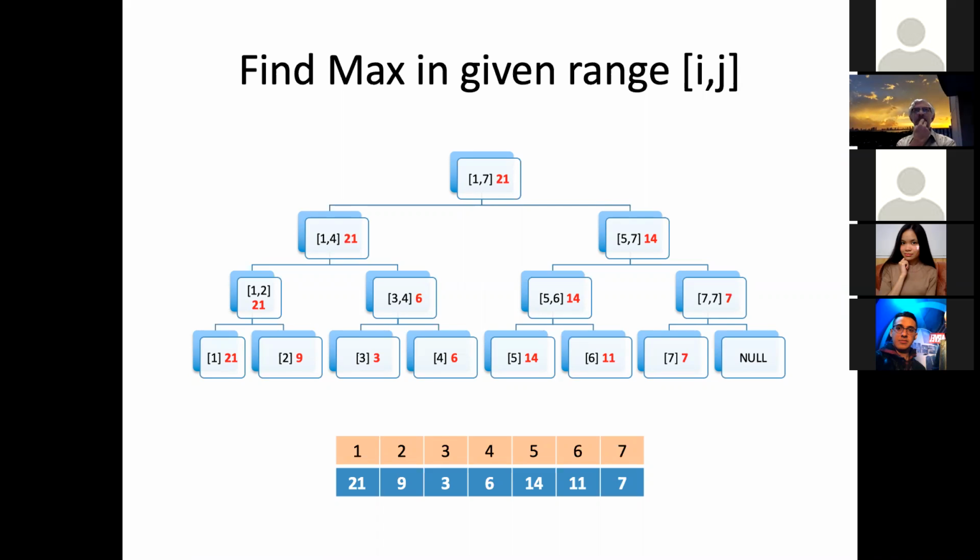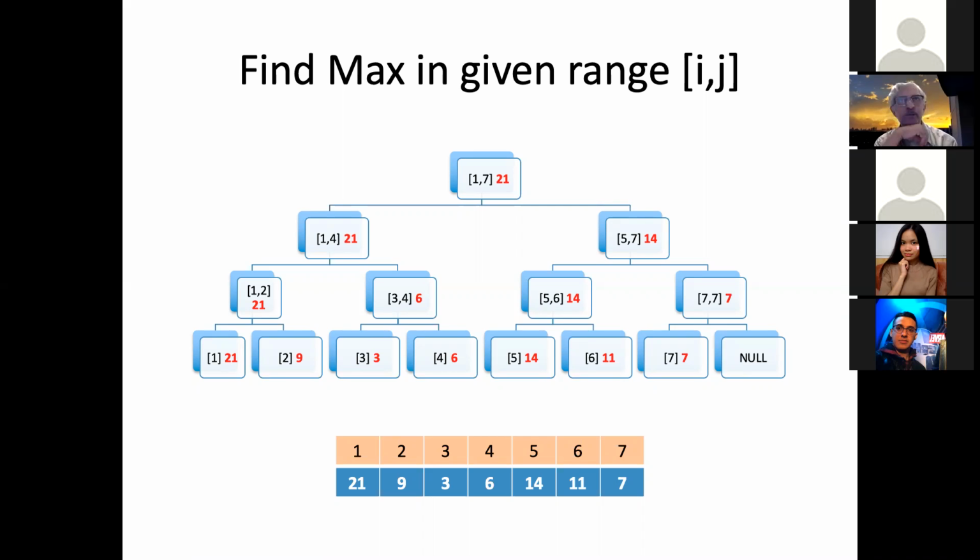So 1 would return a very small number since it's out of the range, and then 2 would return 9 since it's completely within the range. And then we would start building up our solution from there, right?